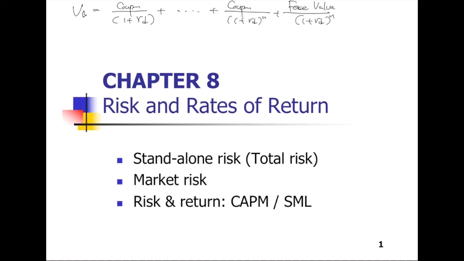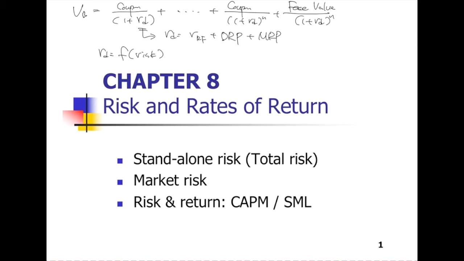Right? And this RD can be calculated by the risk-free rate, DRP, default risk premium, and maturity risk premium. So we can say RD is a function of the risk, right? What kind of risk? Yeah, inflation risk, default risk, and maturity risk, right?